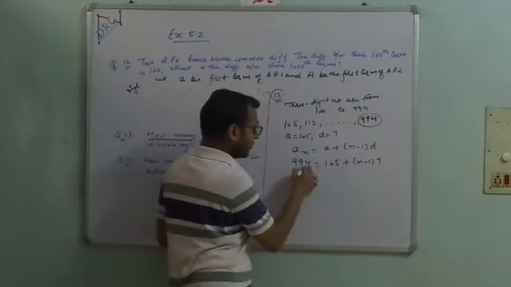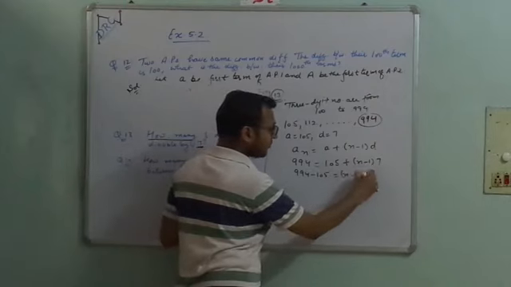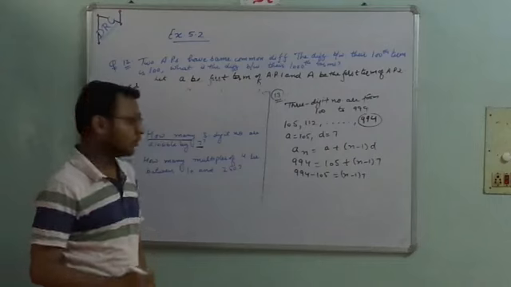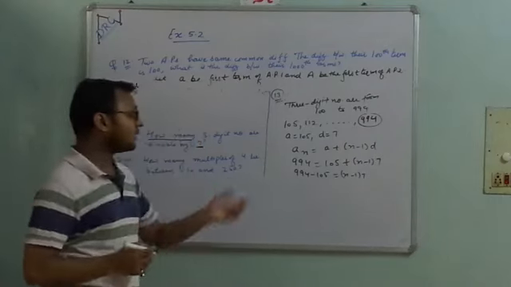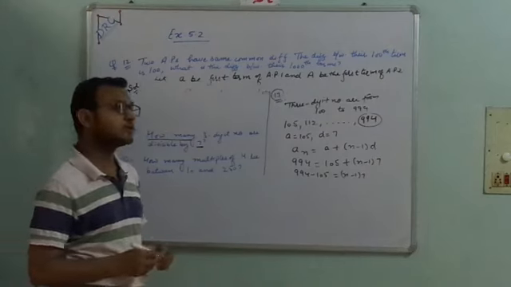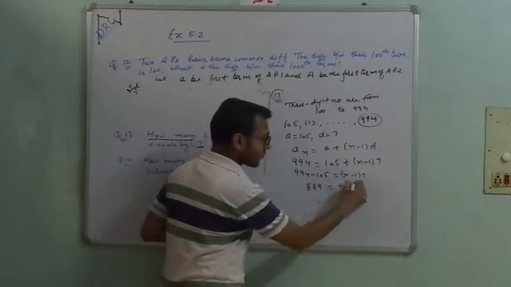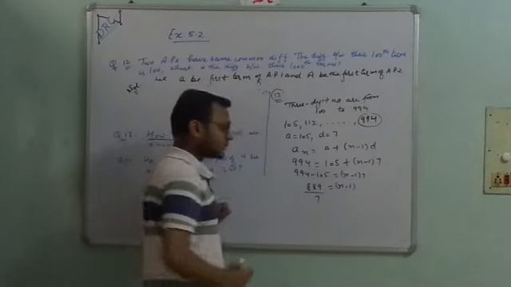Okay. So 105 here goes to the other side with minus. 994 minus 105. Okay, we have to solve this firstly. 994 minus 100 is 894. 894 minus 5 is 889. Okay. Now 7 is in multiplication, so here it becomes divide.